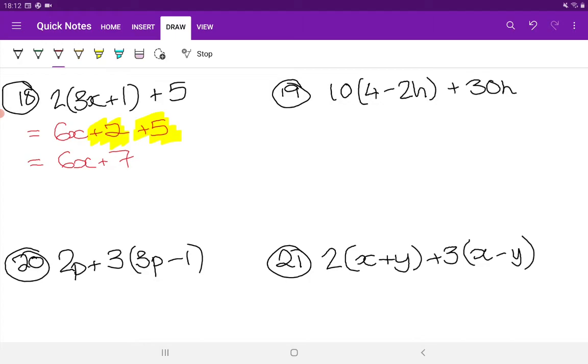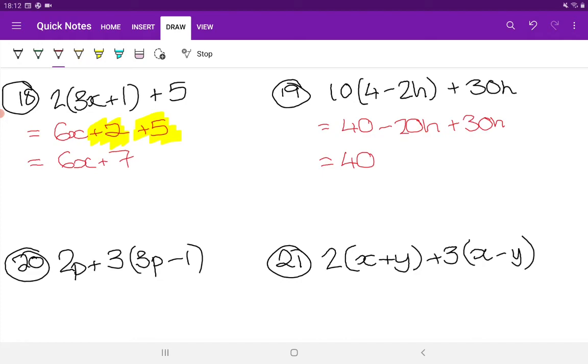Okay, same idea with the next one. 10 times 4 is 40. 10 times minus 2h is going to be minus 20h, but then we've got that plus 30h on the end that, remember, doesn't get multiplied by 10 because it's not in the bracket. Now, this time, the 40 is just a number, and it's on its own.